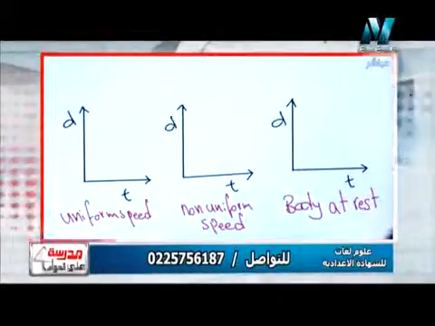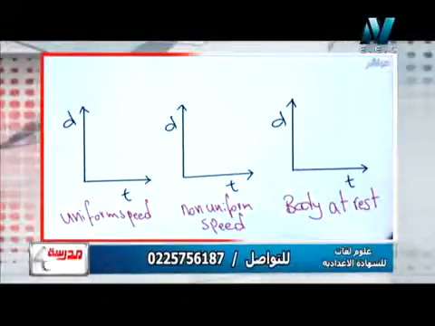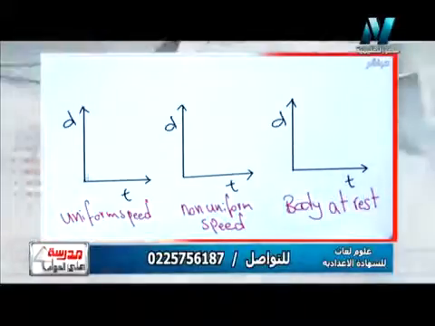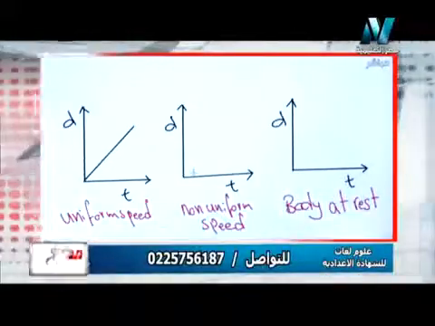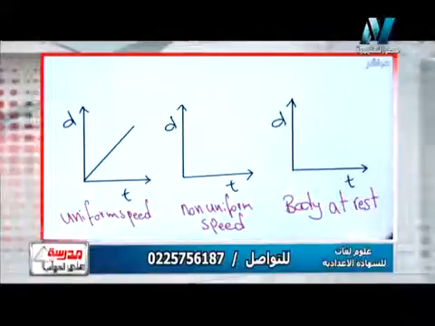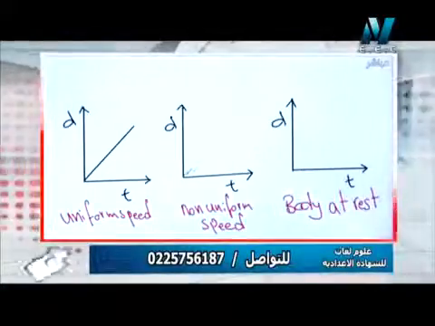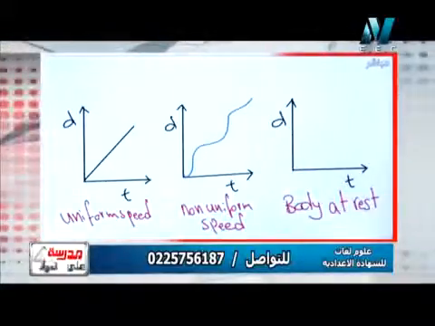Number 1, we express uniform speed by a straight line passing through the origin point. Non-uniform speed, we express by a curved line passing through the origin point.